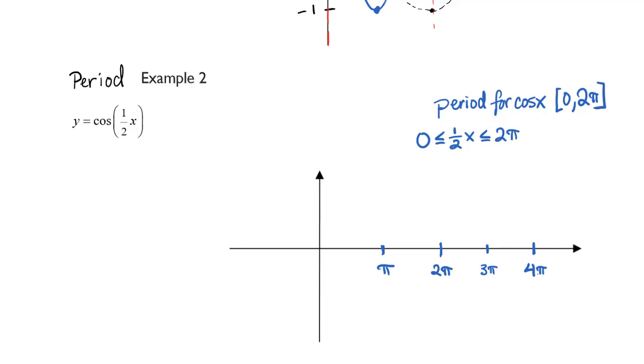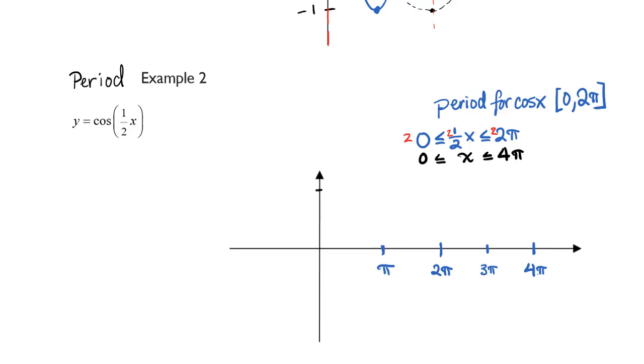So I'm going to multiply everything by 2, all 3 parts. And that's actually going to clear that fraction. So I'll have 0 is less than or equal to x is less than or equal to 4 pi, which is exactly what I had anticipated. What this is saying is you get half a period in a normal 0 to 2 pi period.